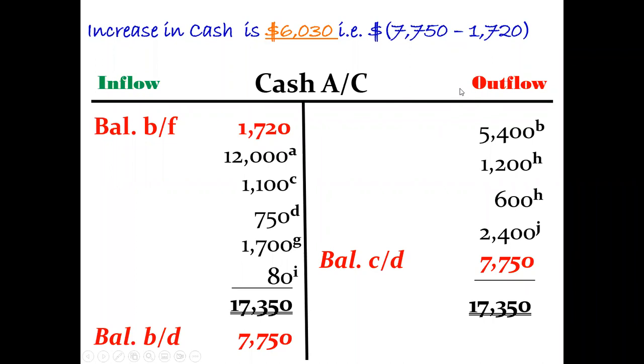Now the next thing, remember we said that the statement of cash flows speaks to 3 activities. Help me out here now. What are the 3 activities? Operating activities, investing activities, and financing activities. Beautiful.